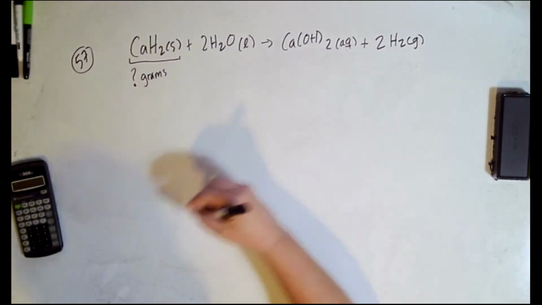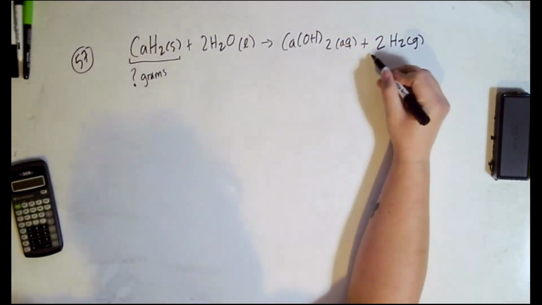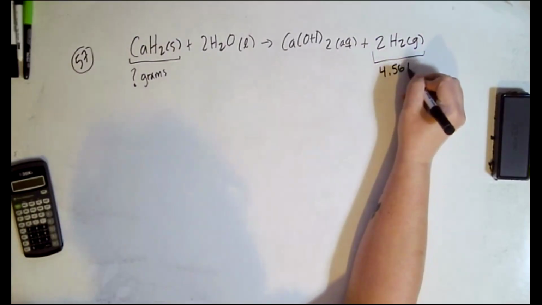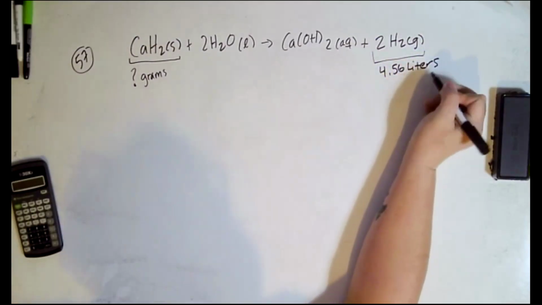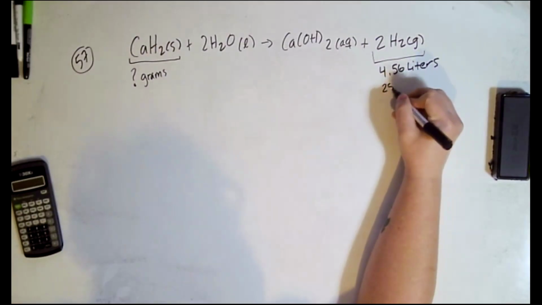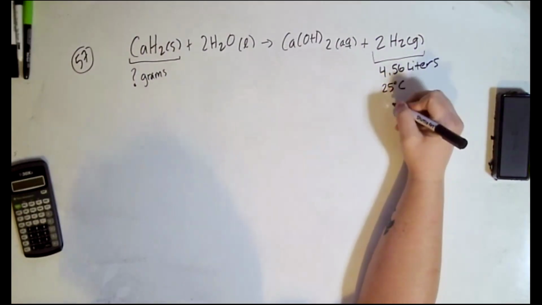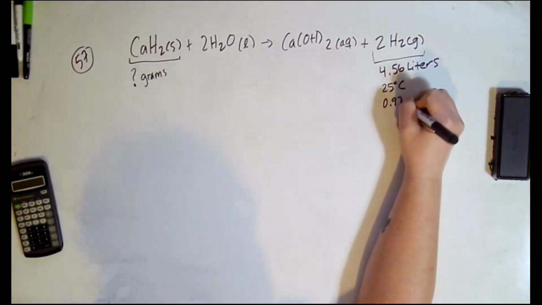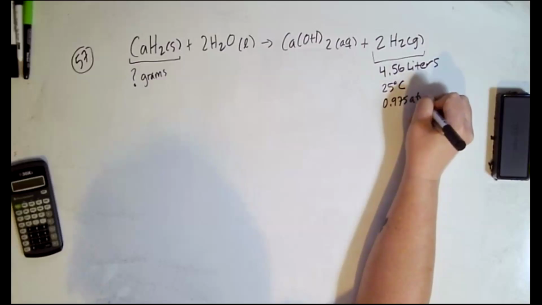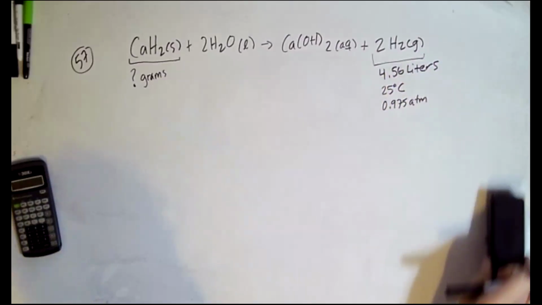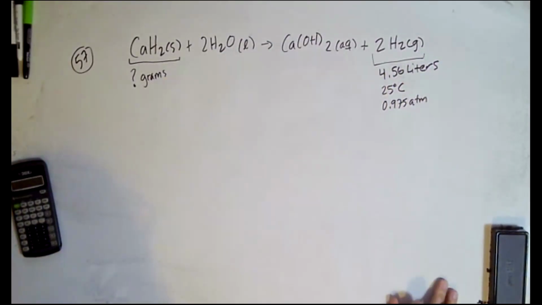Are required to produce 4.56 liters of hydrogen gas at 25 degrees Celsius and 0.975 atmosphere pressure, according to the following equation. Okay.